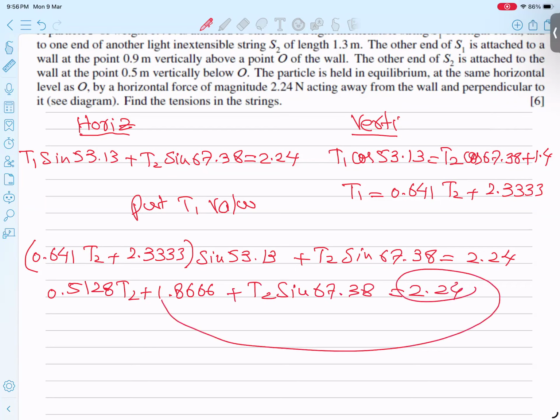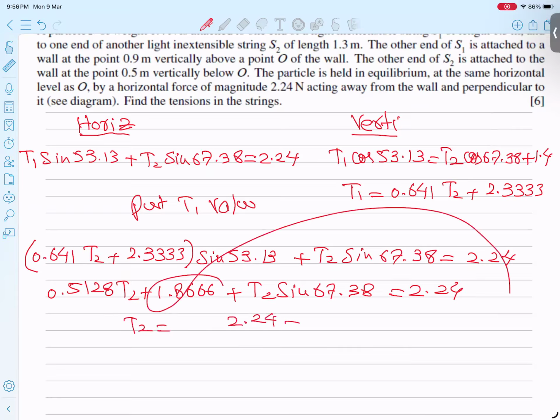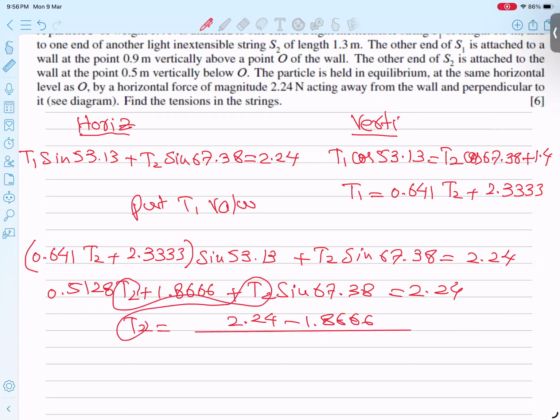This term will go and be subtracted, and from these two values I take T2 common. First, 2.24 minus 1.8666, divided by 0.5128 plus sine 67.38.